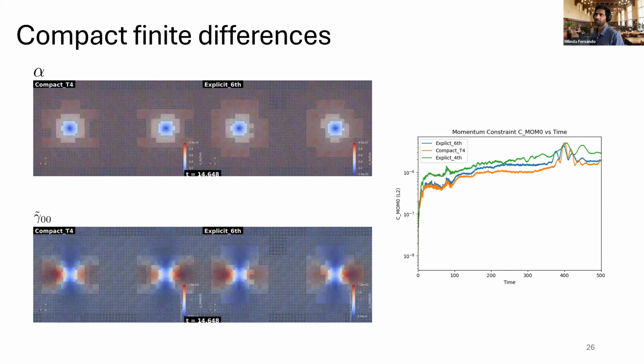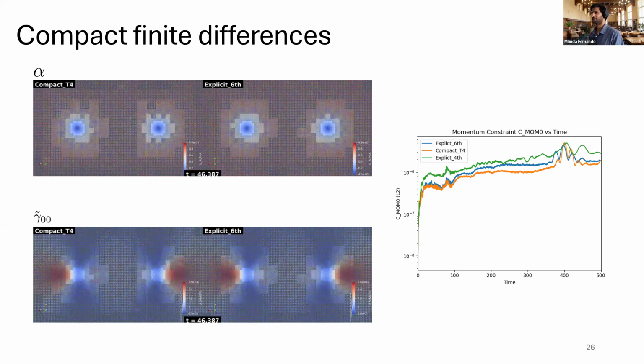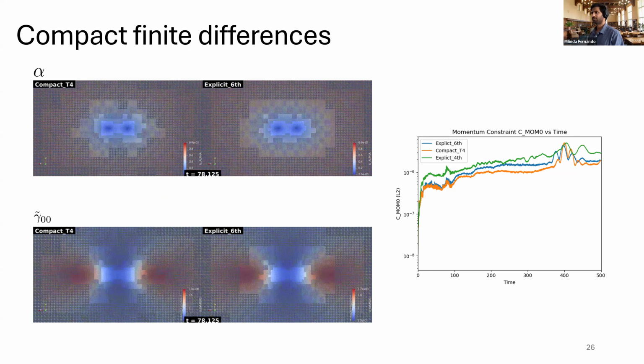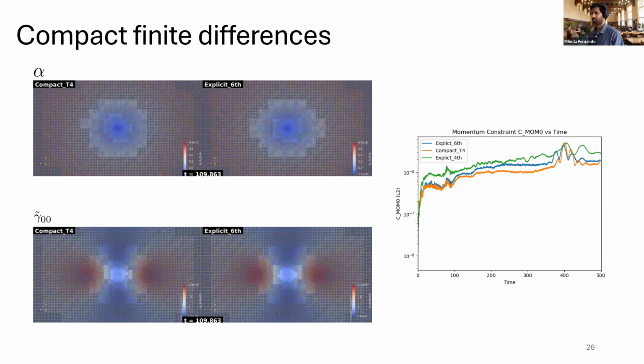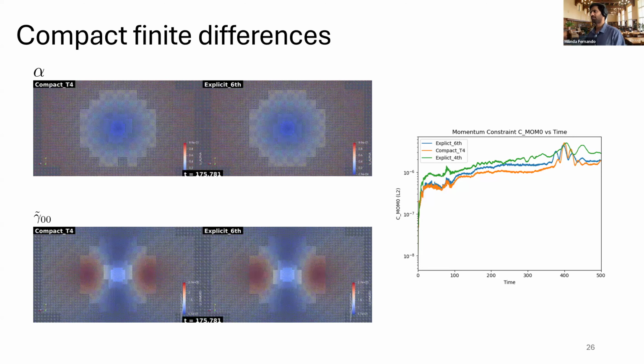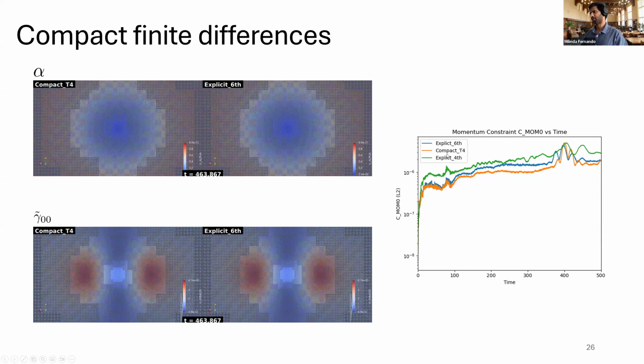So these are some of the simulations that we tried exploring using these compact differences. These are still at early stages. We are trying to do these head-on collisions, and you can see this is the head-on collision using the BSSN formulation, with different stencil operators, and the overall momentum constraint violation that we have.